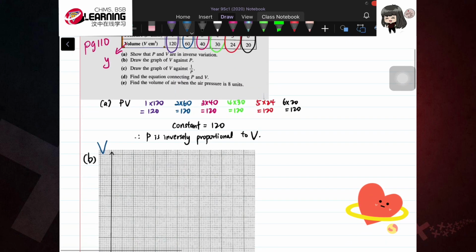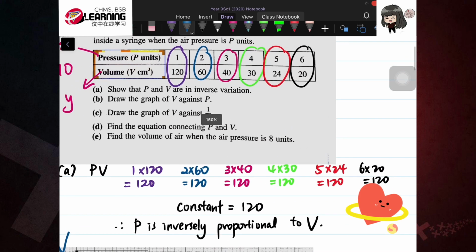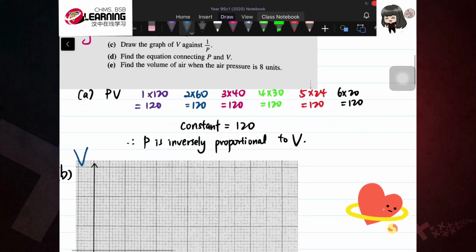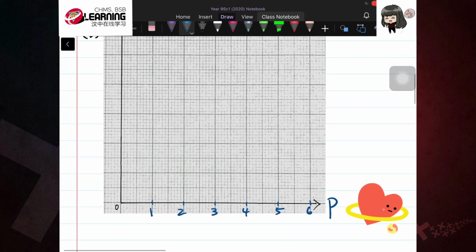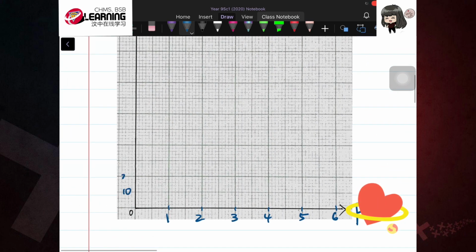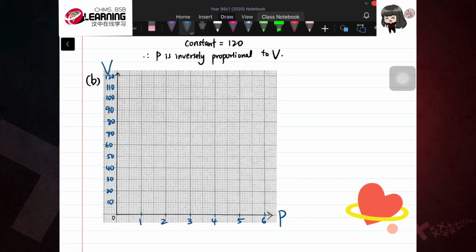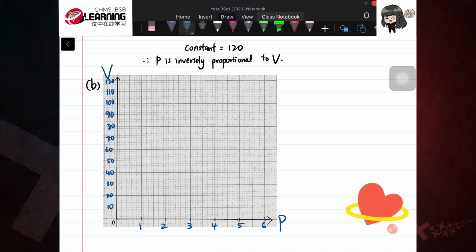As for the y-axis, the volume, the highest is 120, so let 1 centimeter be represented by 10 units. So we have 10, 20, 30, 40, 50, 60, 70, 80, 90, up to 120. You can follow this scale, and then let's plot the graph.